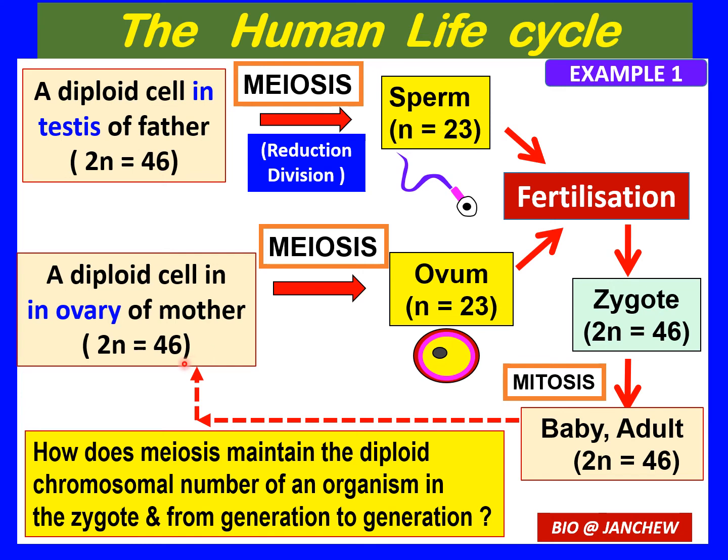So once again, the diploid cells in the ovary of the mother will have 46 chromosomes each, or 2 sets of 23 chromosomes. But after meiosis, when the ovum is produced, it only has 23 chromosomes, or 1 set of chromosomes. So the ovum is haploid because it has only 1 set of chromosomes, same as the sperm.